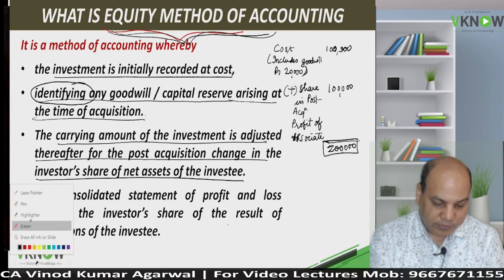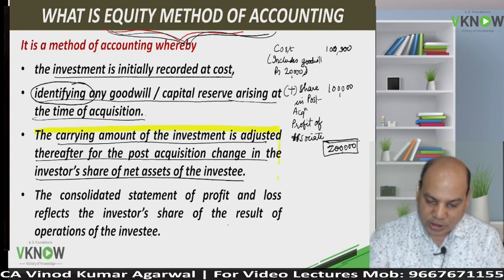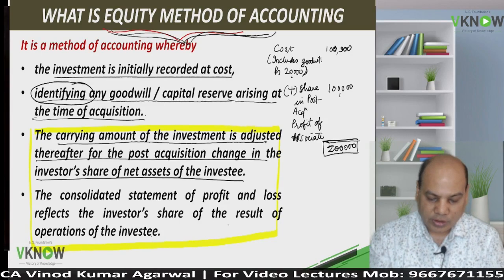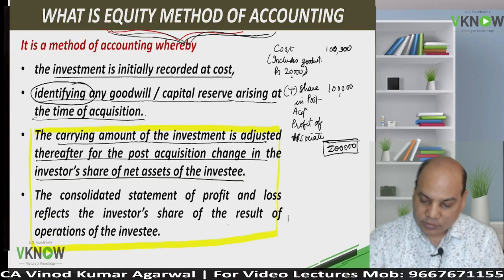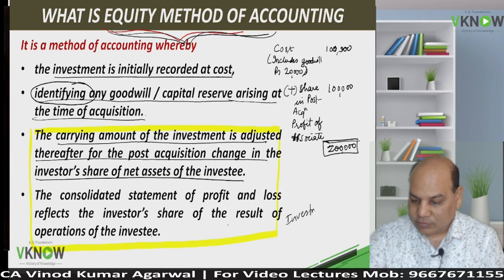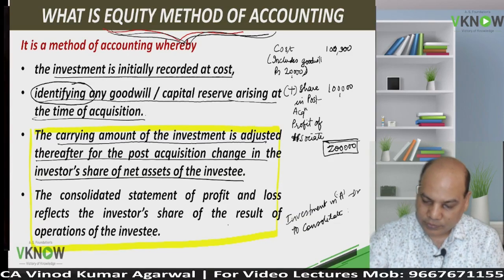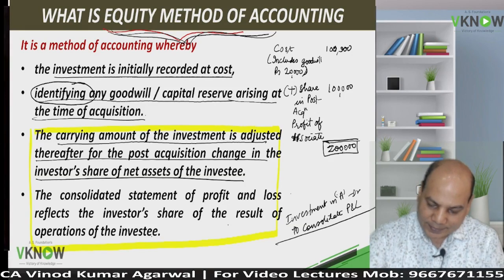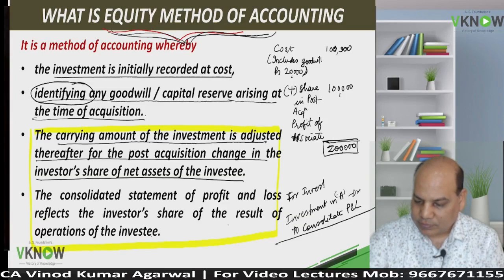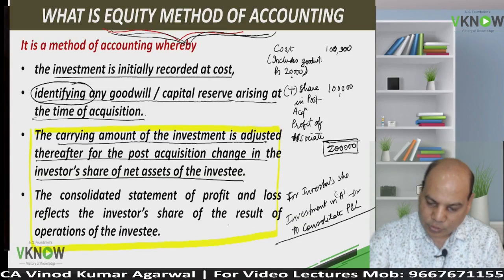So the combined interpretation of these 2 points is, if the associate makes the profit, the effect will be given: investment in associate debit to consolidated P&L account for investor's share only.